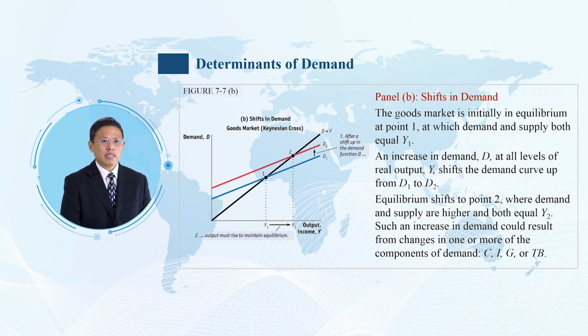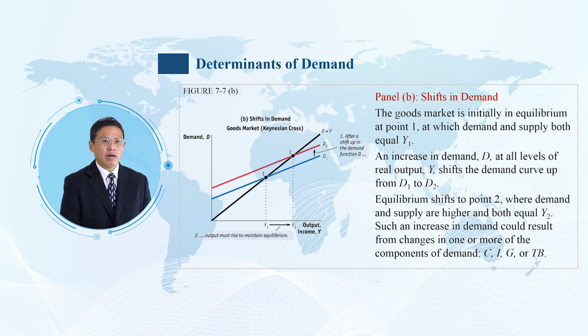This change leads to an increase in demand D. At every level of output Y, the demand function D shifts upward, as in Figure 7-7, panel B. The increase in demand causes the goods market equilibrium to shift from point 1 to point 2, and output rises to Y2. The lesson: any exogenous change in I due to changes in the expected profitability of investment, changes in tax policies, etc., will cause the demand curve to shift.